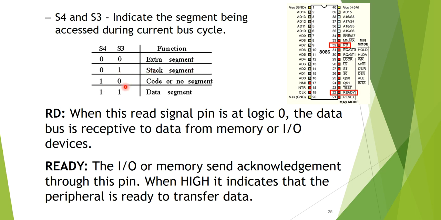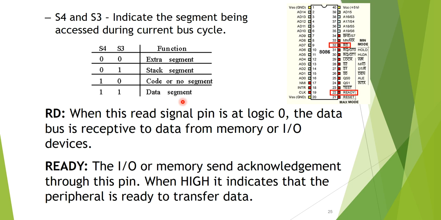If it is 1 0, it is communicating with the code segment, that means it fetches the instructions, or if the microprocessor is not doing any function, then we can also say it is communicating with no segment. Then if it is 1 1, the microprocessor is communicating with the data segment.